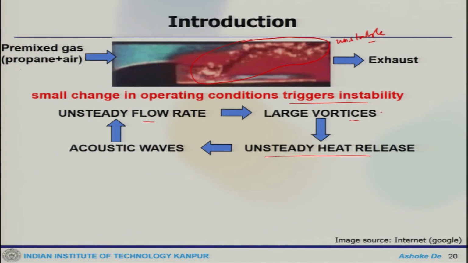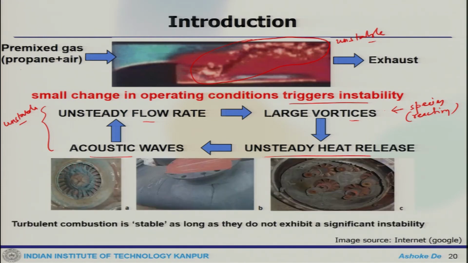These vortices are carrying the reacting species, which are also exposed to this underlying fluid dynamical behavior, and that leads to unsteady heat release, which will generate some sort of acoustic shock. Once that happens, it is going to couple back, and that makes the whole system literally unstable.